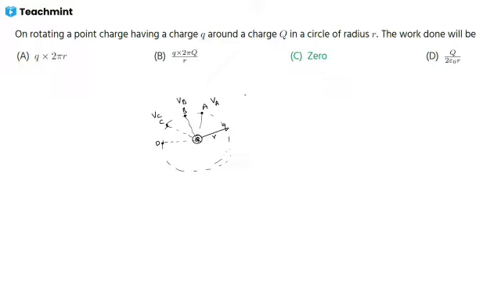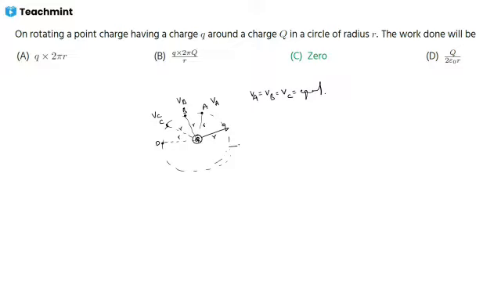Here, as the distances are the same and the potentials are because of the charge capital Q, the potentials VA, VB, and VC are all equal.